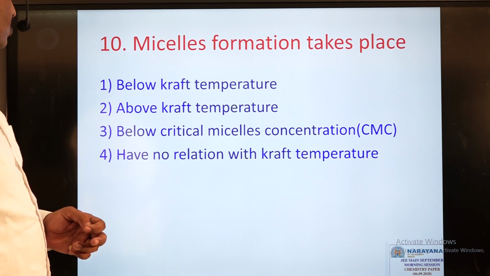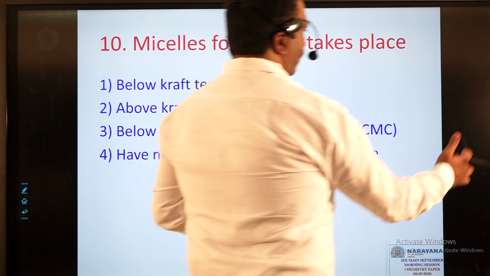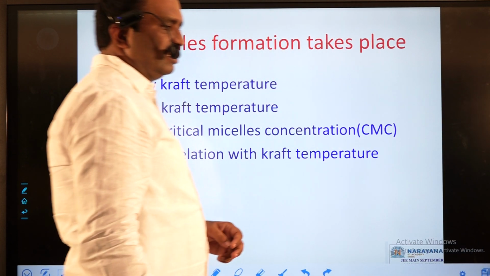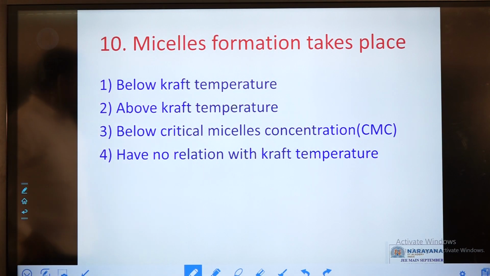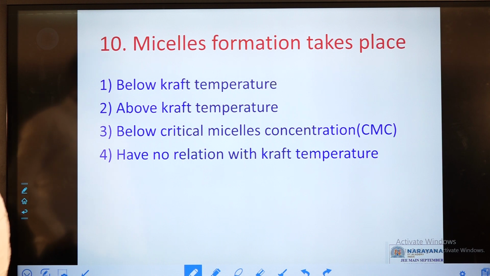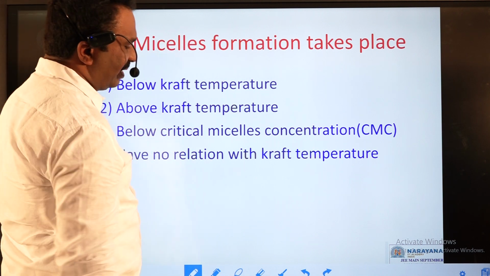Micelle formation takes place. Micelles are one of the important concepts; we can identify that micelles are involved in the formation of surfactants. So a minimum temperature is needed.